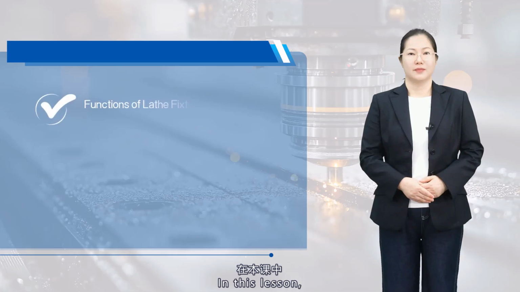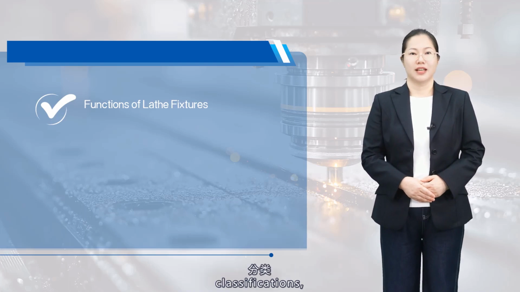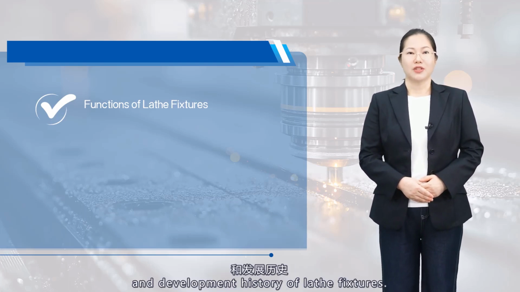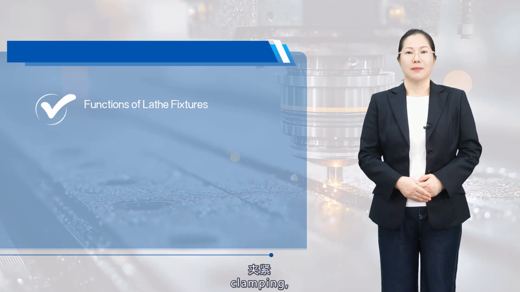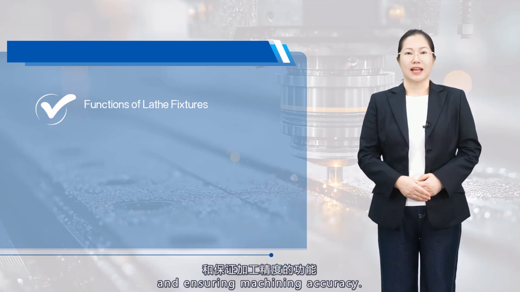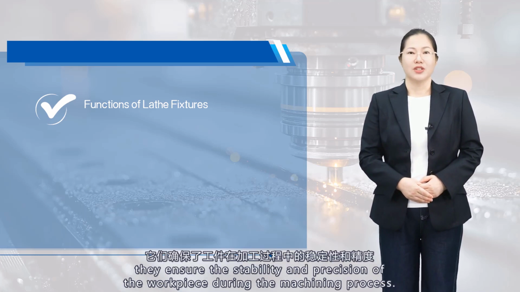In this lesson, we primarily study the functions, classifications, and development history of lathe fixtures. Lathe fixtures have the functions of positioning, clamping, and ensuring machining accuracy. Through precise positioning and reliable clamping, they ensure the stability and the precision of the workpiece during the machining process.